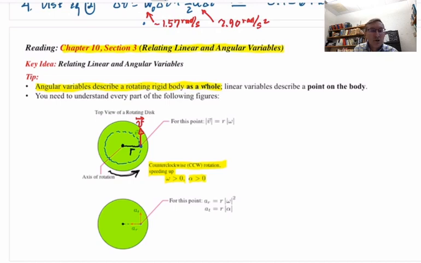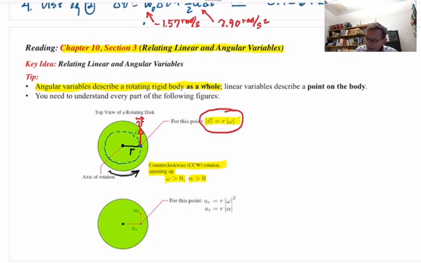If you want to see the derivation, by all means, read Chapter 10, Section 3 in the book. I'm just going to tell you the result. It's right there. And I'll even circle it because it's important for the rest of this chapter. And it's about magnitudes, please note. The magnitude of the linear velocity of that one point is equal to the radius of its circle, which is just the distance it is from the axis of rotation, times the magnitude of the angular velocity of the disk.